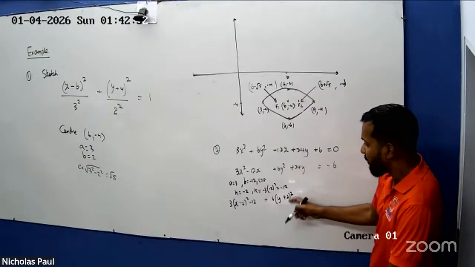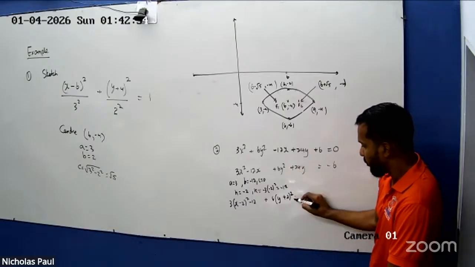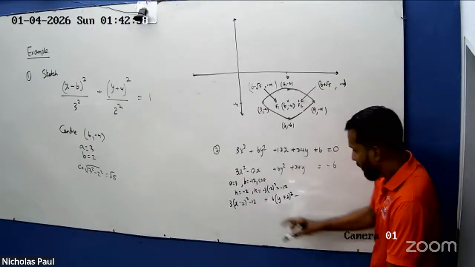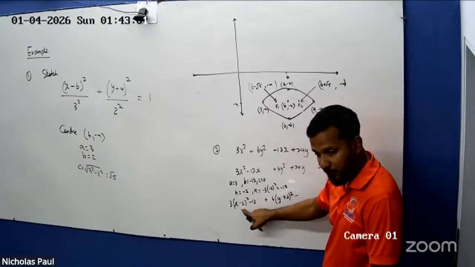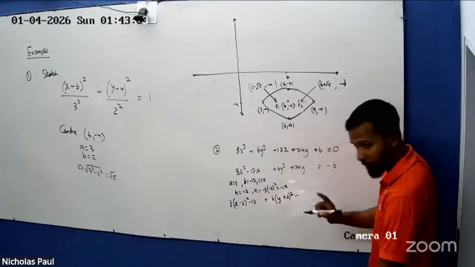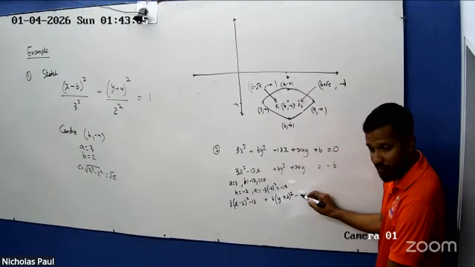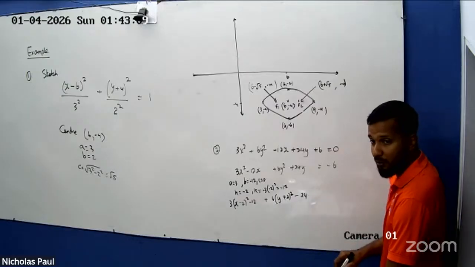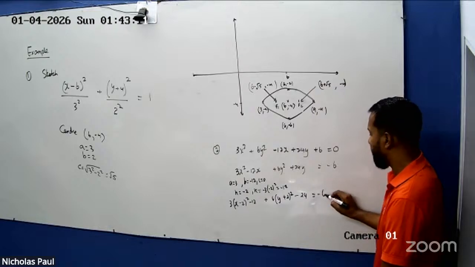Yeah, I just completed the square. It's like how I got h. H is minus 2. You're not changing the sign or not. Minus how much? 24, you sure? Yeah? Minus 24 equal to minus 6.